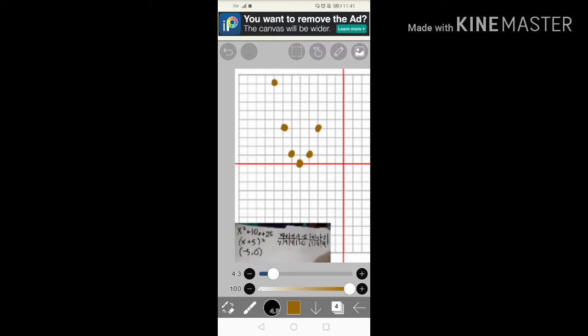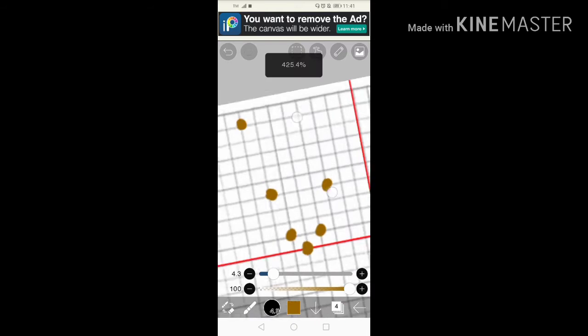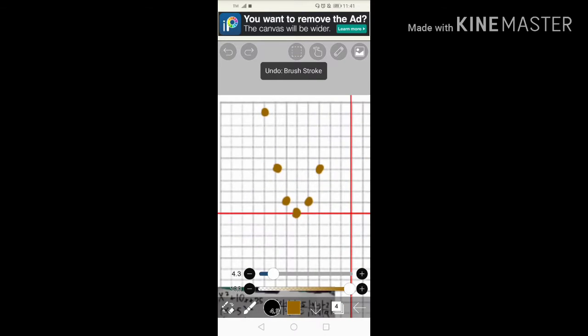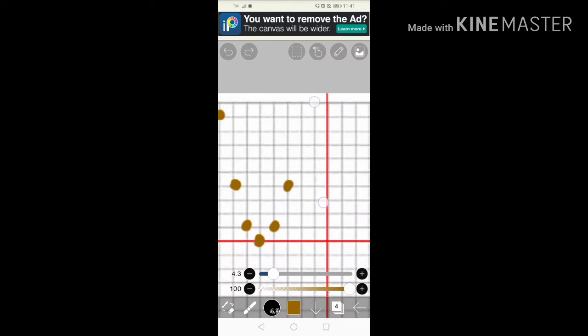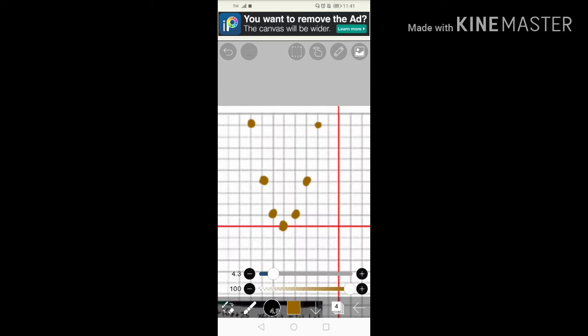And then negative 1, it's going to be negative 1, 9. Oh, sorry, negative 2. Oh no, I can't even read it anymore.